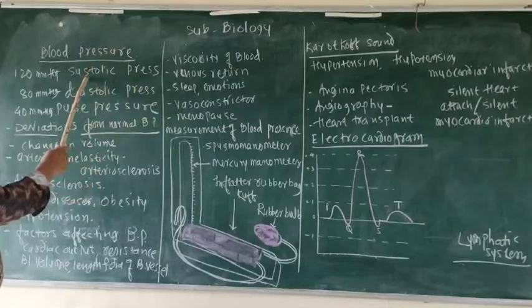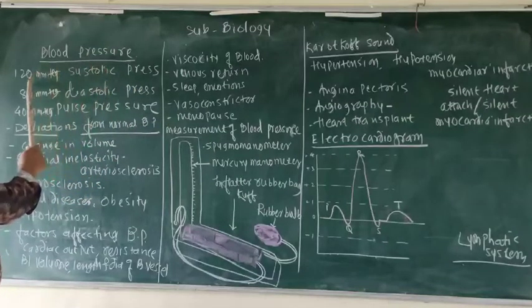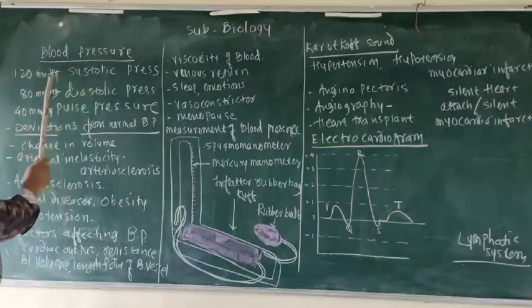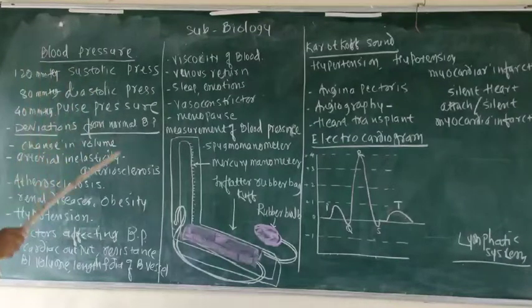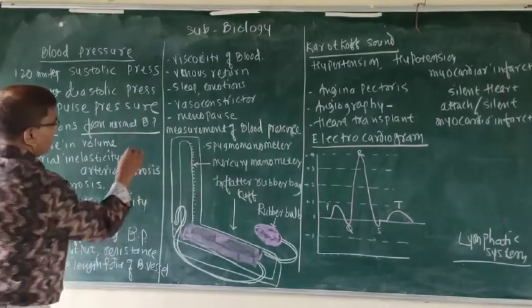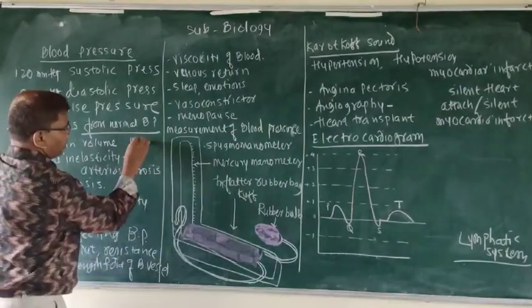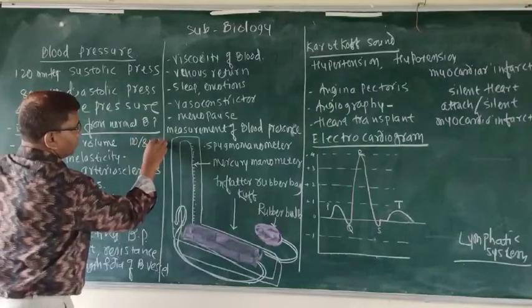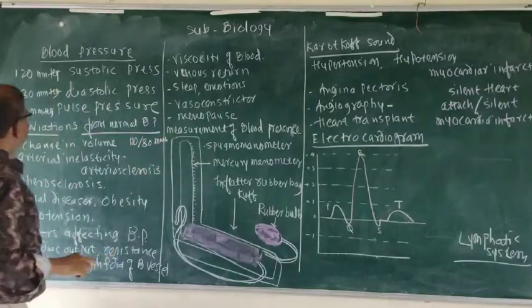In a normal adult, systolic pressure is 120 mmHg and diastolic pressure is 80 mmHg, written as 120 over 80 mmHg normally.